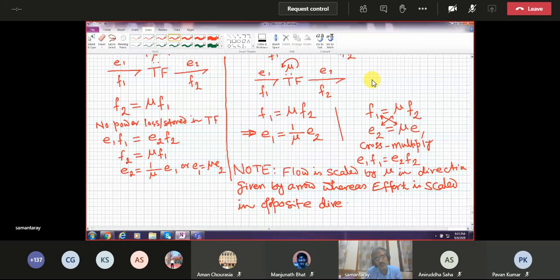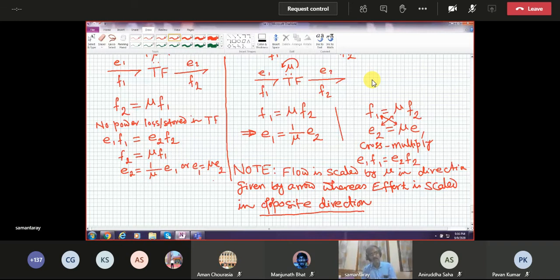So this is important. If flow is increased, then effort must decrease, so that the product of effort and flow on the input side is the same as the product of effort and flow on the output side. If one is scaled up, the other should be scaled down.